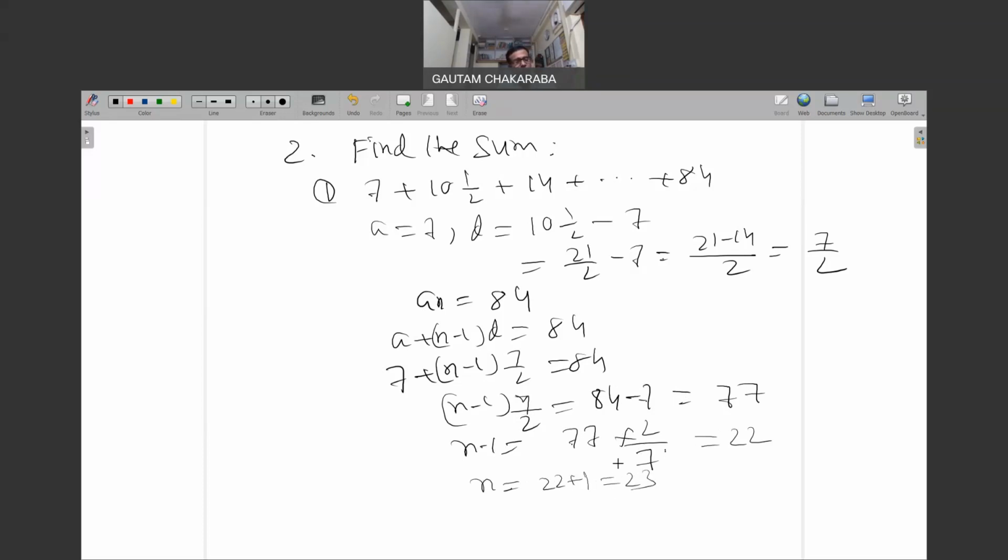Number of terms found. Now we apply the identity n by 2. You have two identities, 2a plus n minus 1 into d, you can apply in each and every question. But in this case, you can apply n by 2 into a plus an because the last term is given. So it will be easy.